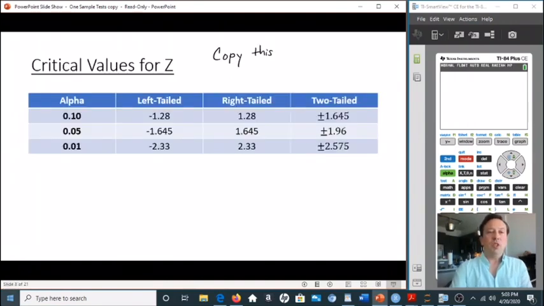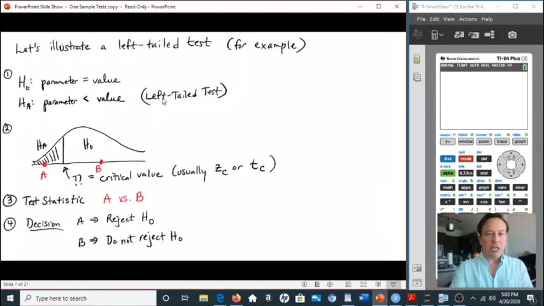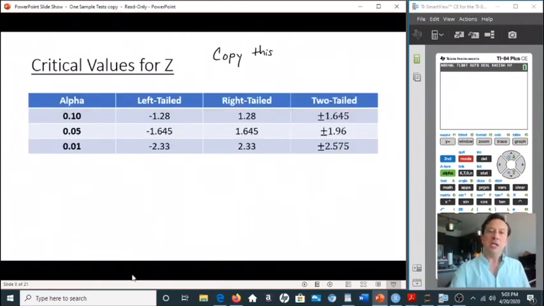Now, if you are using critical values for Z, like going back to this, that would be Z sub C. So the table that we're looking at here is trying to find this number for us. And if it's a two-tailed test, it's going to find two numbers for us. We did some of these already. For example, these we found when we did confidence intervals.